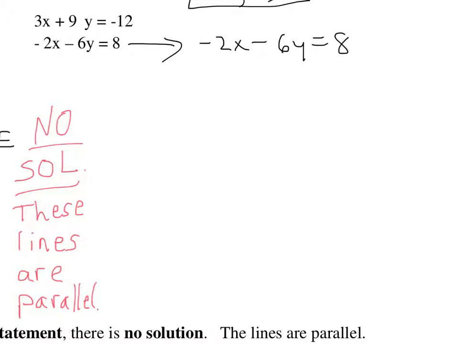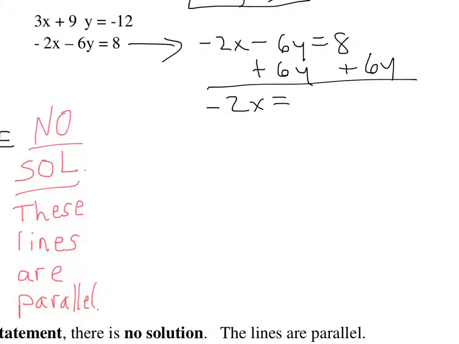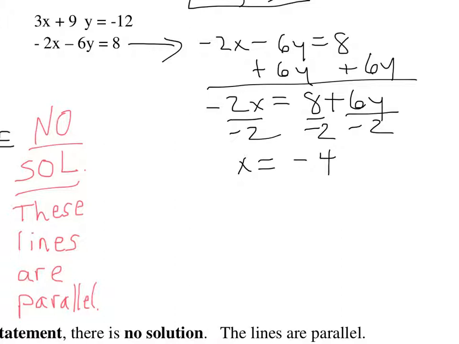So if we add 6y to both sides, we get negative 2x equals 8 plus 6y. Divide by negative 2, and we get x equals negative 4 minus 3y. So that's what x equals, negative 4 minus 3y.